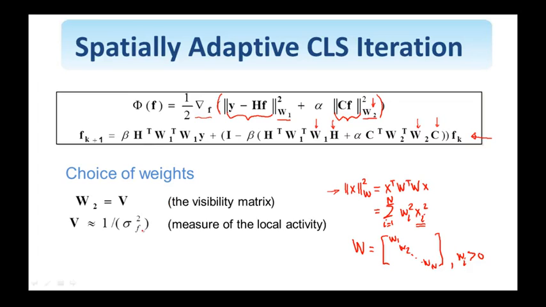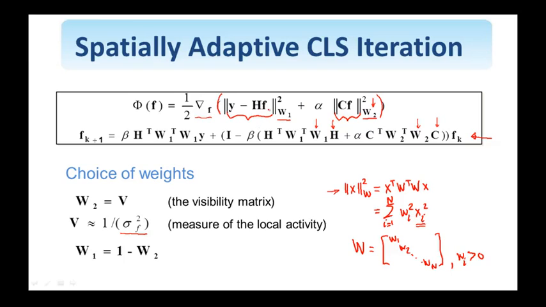It's made inversely proportional to the local variance of the image, sigma squared of f. So at the edges the local variance is high, therefore V, therefore W is small, therefore C of f is disabled. We can then choose W1 as 1 minus W2, because we want with that term to do the reverse.